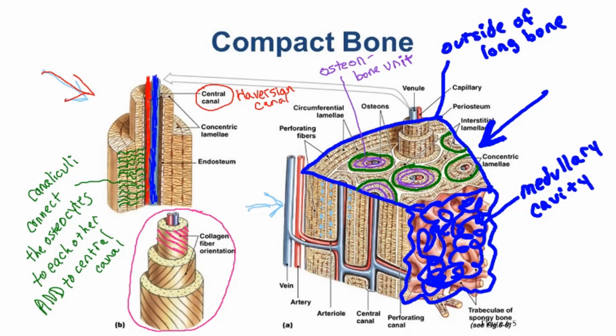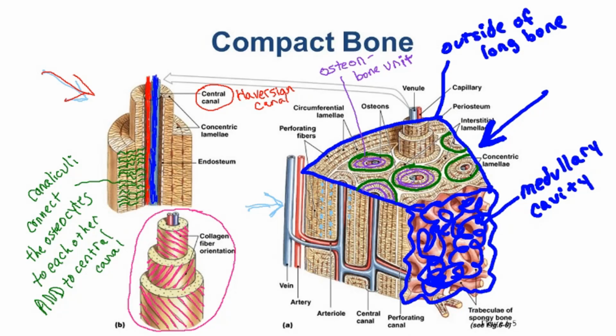See, this one is running this direction diagonally, and so the layers surrounding it, the collagen fibers are going to be running in the other direction diagonally. And then the layers surrounding that, the collagen fibers are going to be in the other direction diagonally. And this prevents fracture from a twisting motion. This provides strength against torsion.